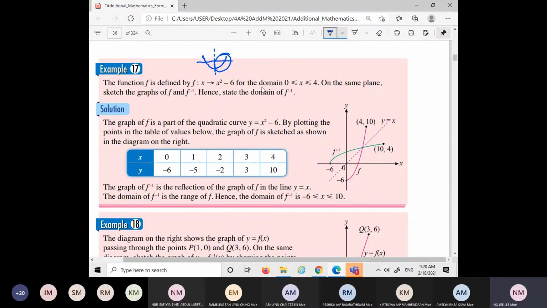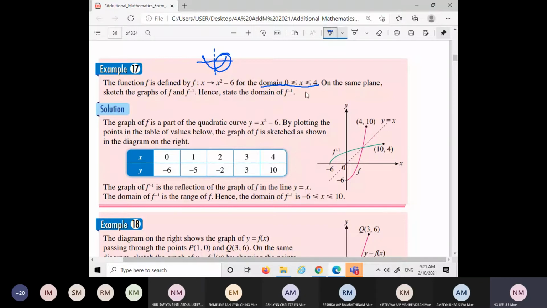That's why this domain is also very important. For a different domain, it may cause a different result. With a fixed domain, a certain function will have an inverse function, but with a different domain, the same function may not have the inverse function.